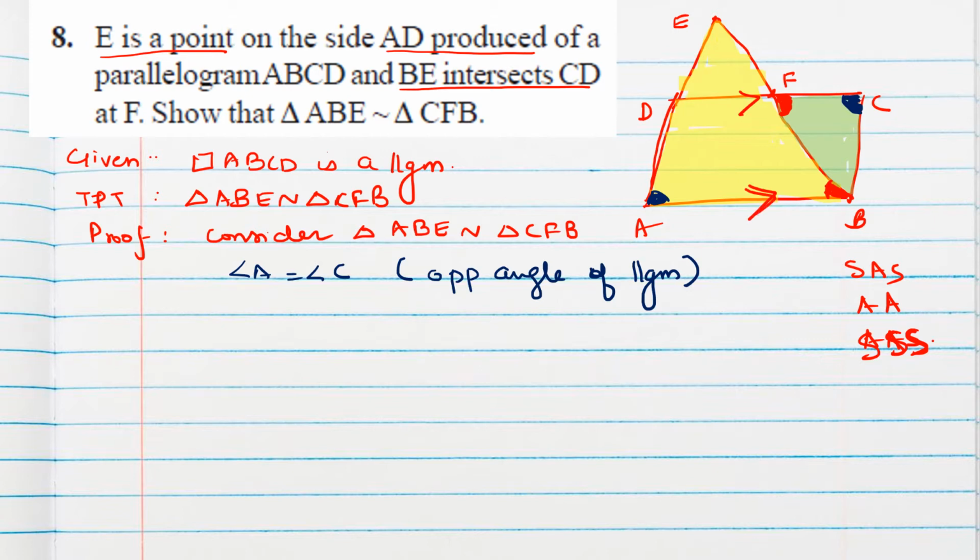So by alternate interior angle, we can write angle ABF is equal to angle CFB, alternate interior angle. Now two angles we have proved they are equal. So we can write ABE is similar to CFB by AA criteria.